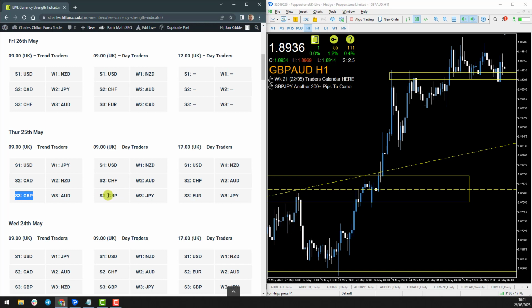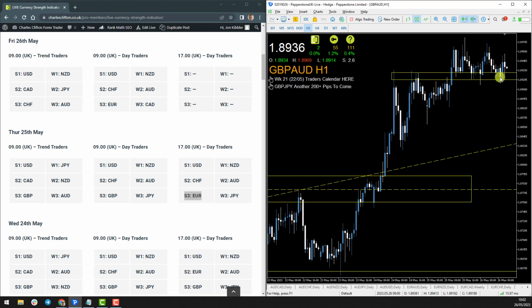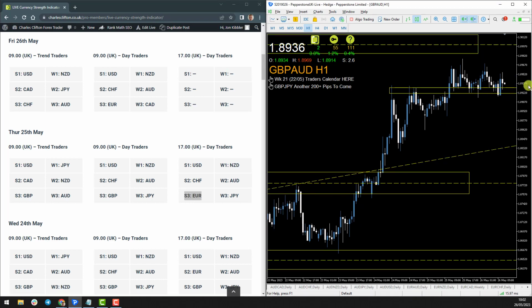So that's why I was still keen to hold on to this position, or at least look for a position long. However, 5 p.m. came and the pound had left the tables. So is it appropriate to really start looking for that long here right now? Probably not, I would say, at this moment in time.